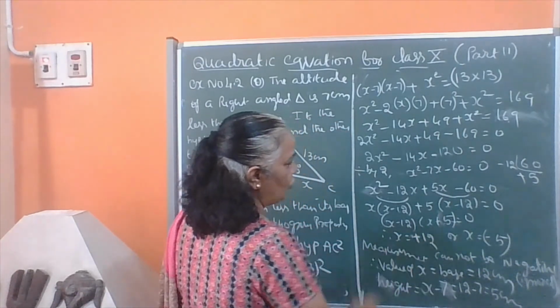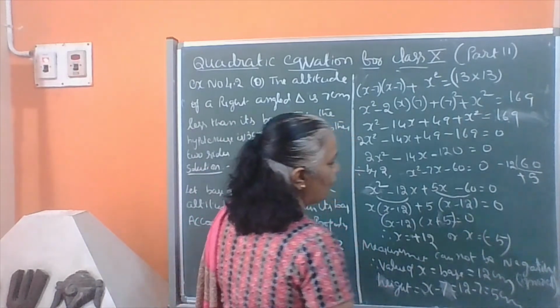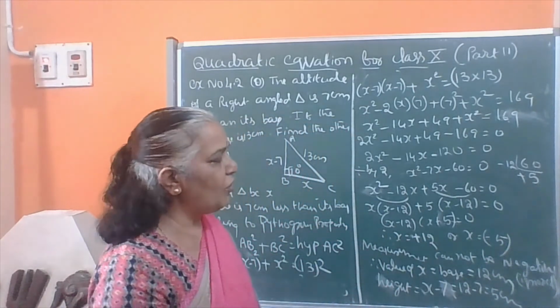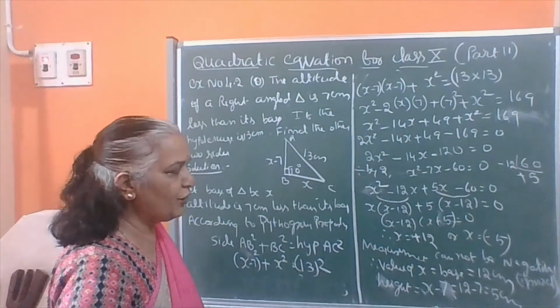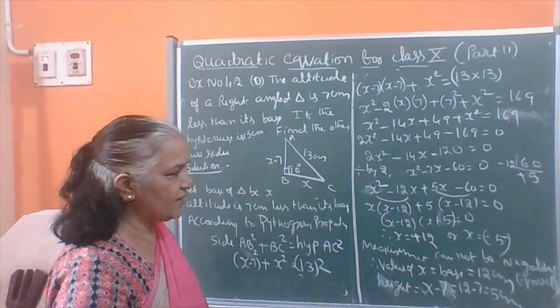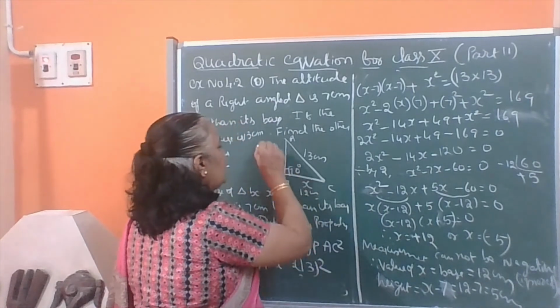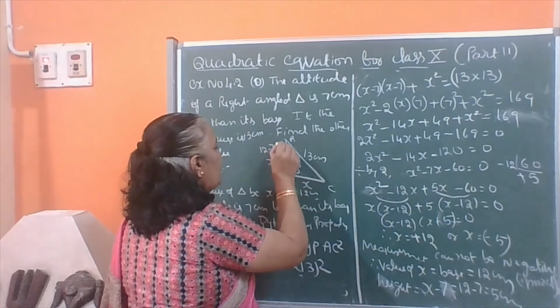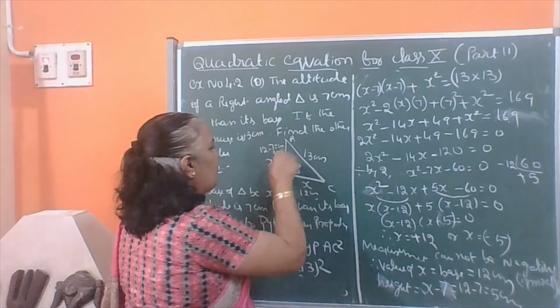Therefore, x equal to plus 12 or x equal to minus 5. Measurement cannot be negative, altitude and all cannot be negative, therefore that has to be ignored. The value of x, the base, is 12 centimeters, and the other side is 12 minus 7, which is 5 centimeters.